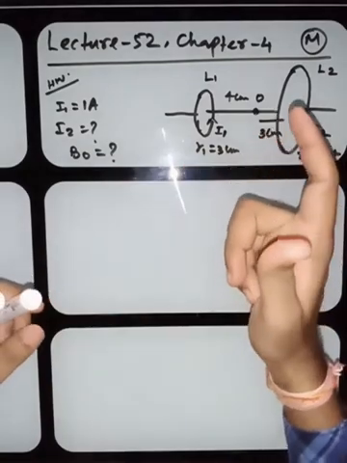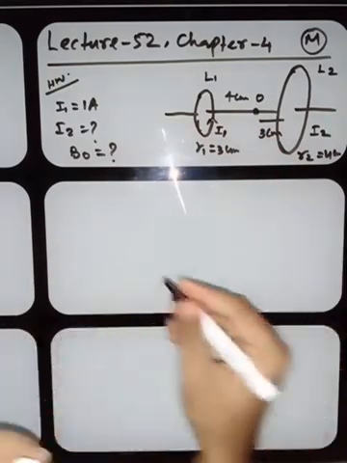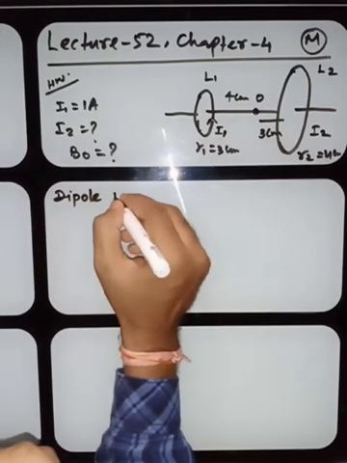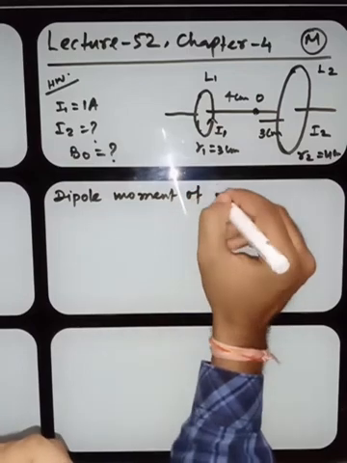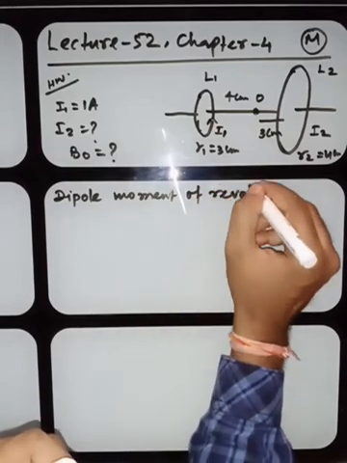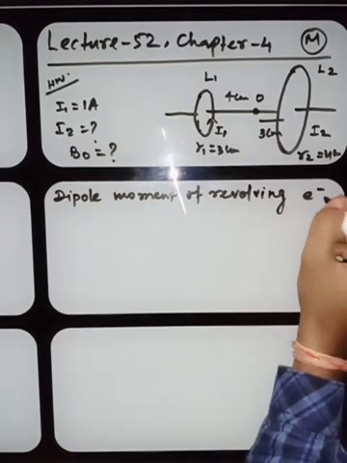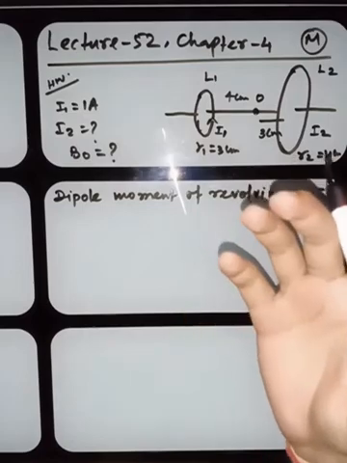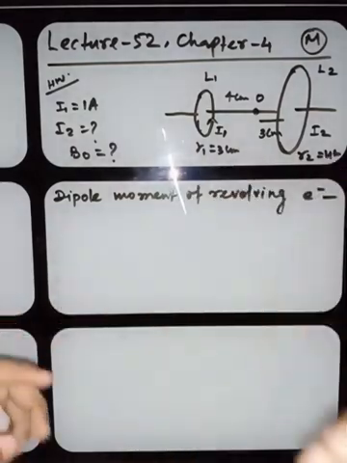So kindly give the heading: dipole moment of a revolving electron around the nucleus in an atom. Okay, you have to find it.